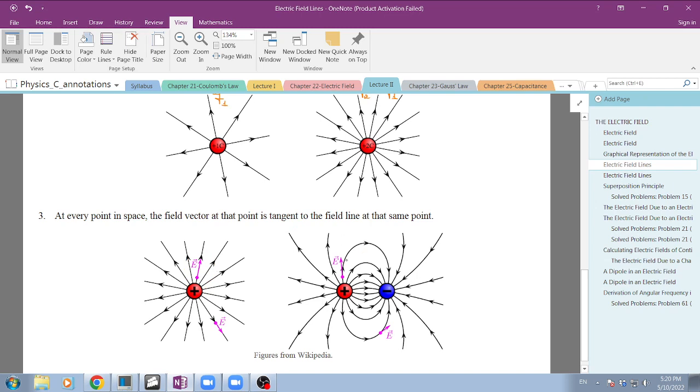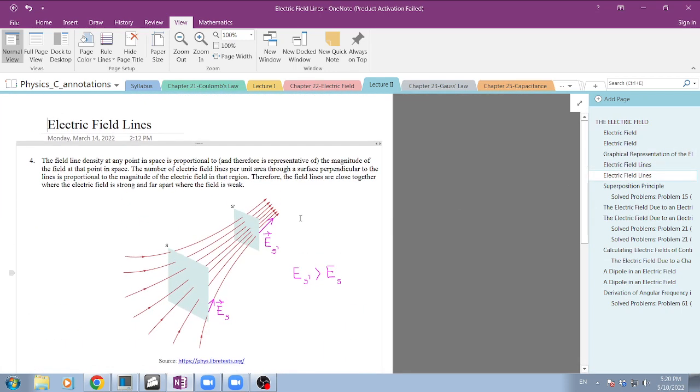Of course, the length of this arrow, the length of the vector, is proportional to the magnitude of the field at the point. Remember that.